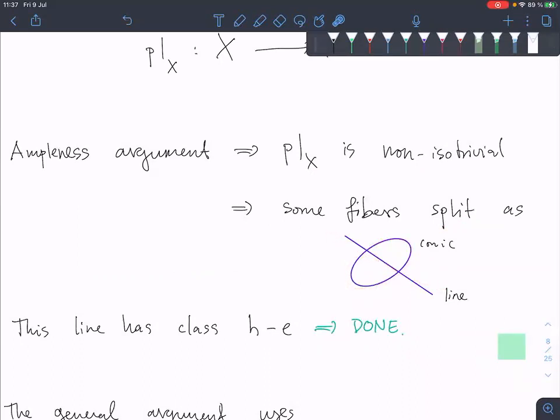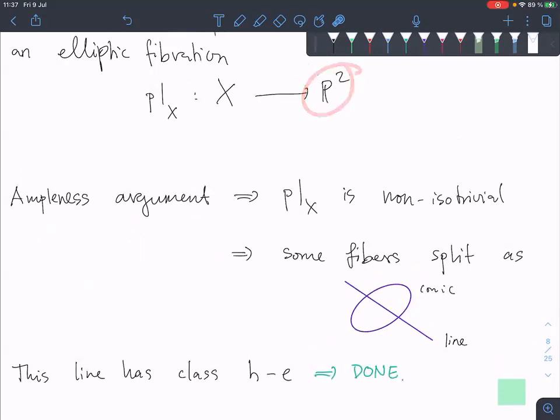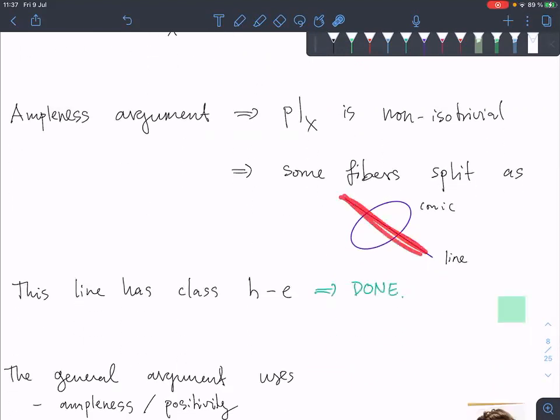So it's not just that you have some elliptic fibration that has some singular fibers, but in fact some of the fibers over this P2 will split into a union of two curves. But then here you get a line, and this line has the class H minus E. So we find some curve, namely this line, that represents H minus E, and this lies on X.